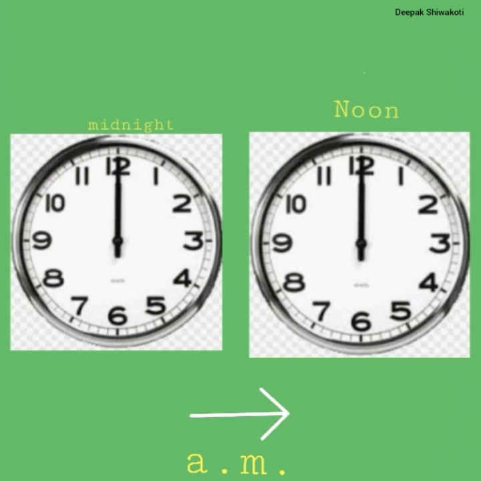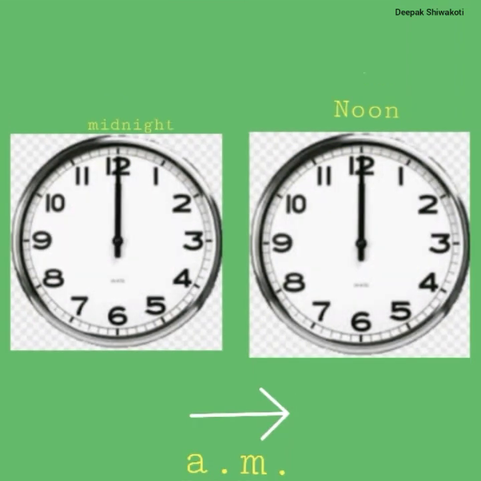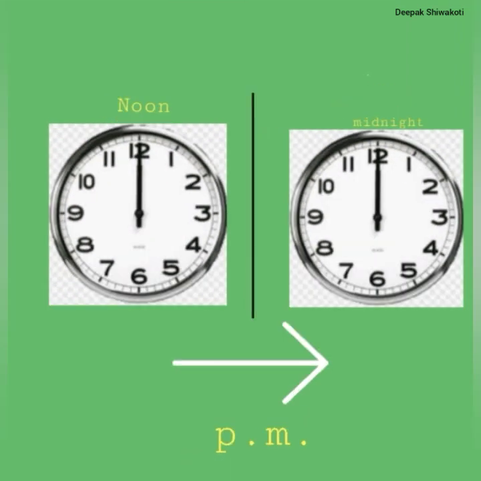Now in 12-hour clock, the time from 12 o'clock at night to 12 o'clock at noon is given a suffix AM, and the time from 12 o'clock noon to 12 o'clock night is given a suffix PM. Let us understand AM and PM.